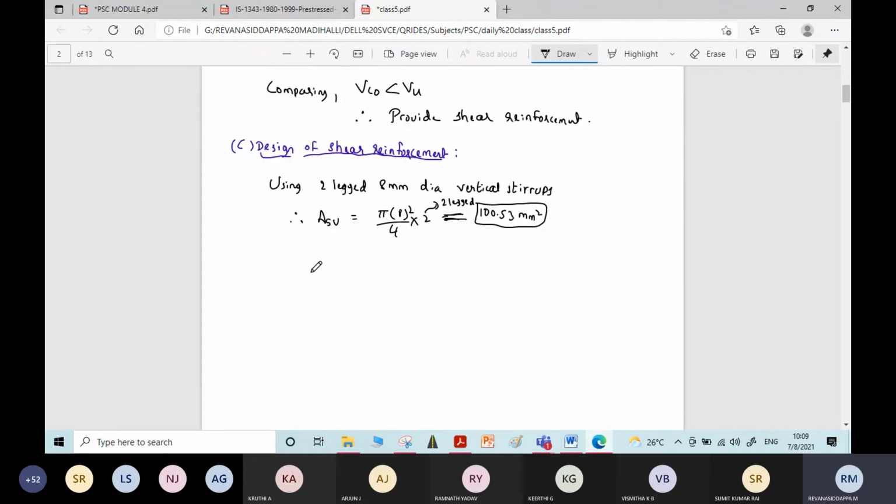Okay. Now we have decided on 2-legged 8 mm dia vertical stirrups. We have to find the spacing for the same: at what spacing these stirrups should be provided to handle the shear force acting on the beam. Write the side heading as spacing.